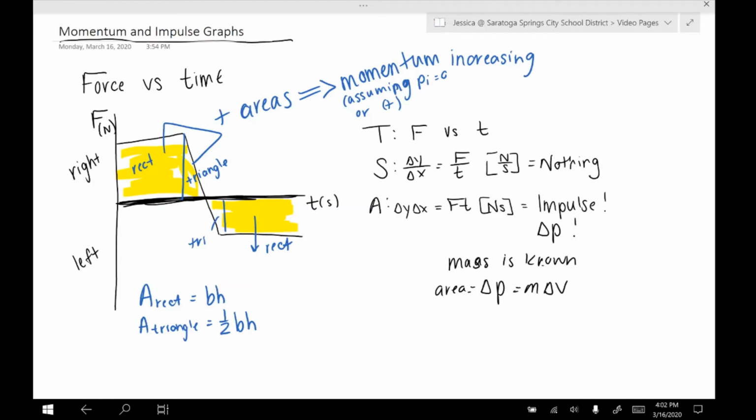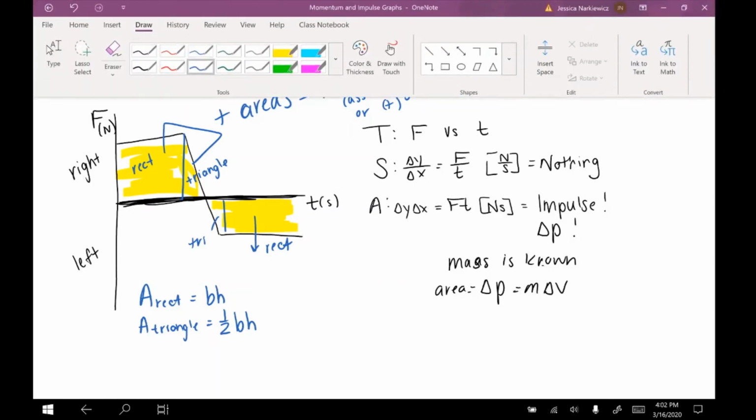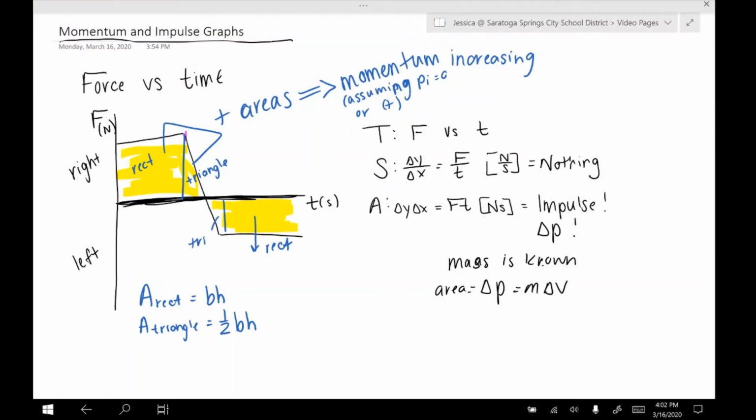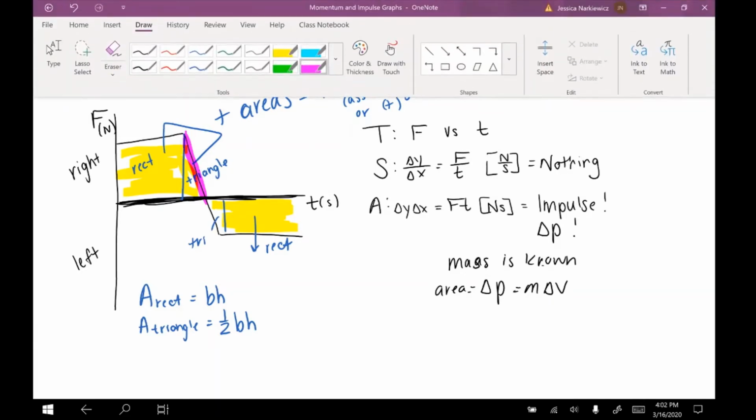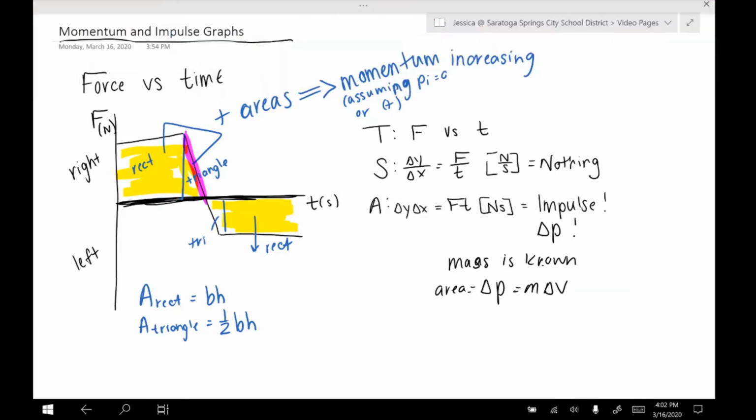Even in this section here where the force starts to decrease, we're still going to have increasing momentum because our area is positive.